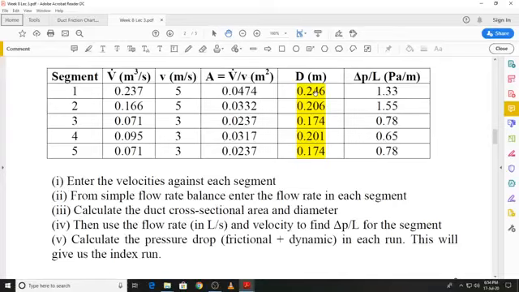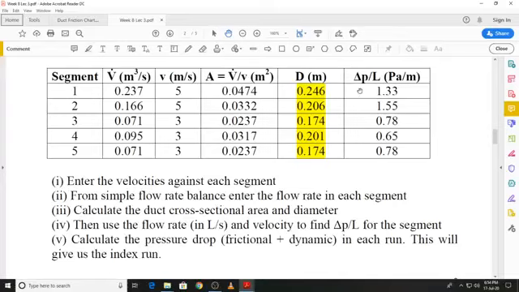And you can see that I have written down the pressure drops per unit length for each of the segments, and those are obtained from the friction chart. And we will go to the friction chart and confirm these values which I've obtained and entered in this column in the table.